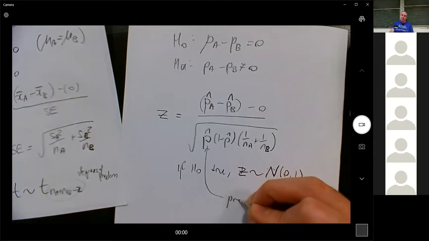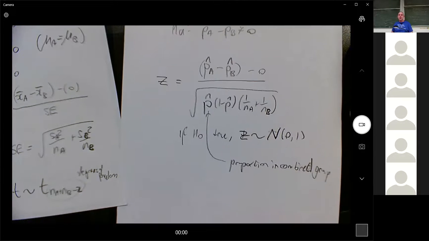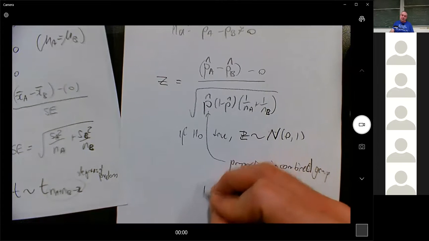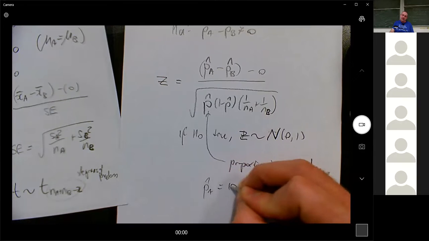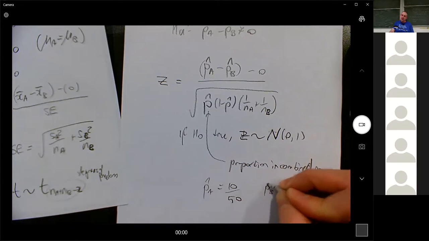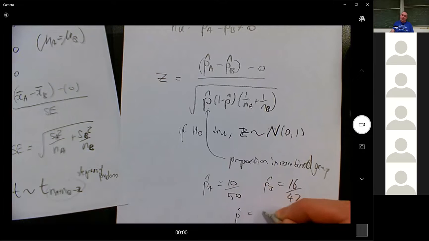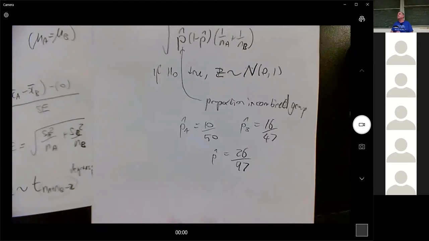So this is the proportion in the combined group. So for example, if PA hat was like 10 out of 50 and PB hat was like 16 out of 47, then P hat would be 26 out of 97.